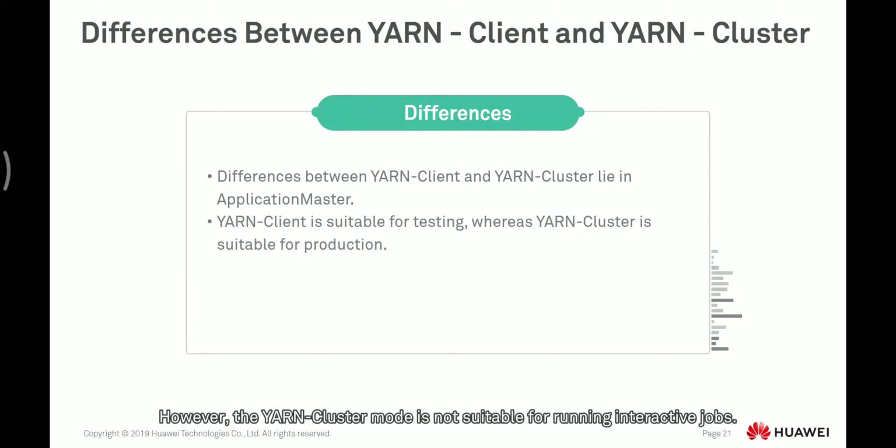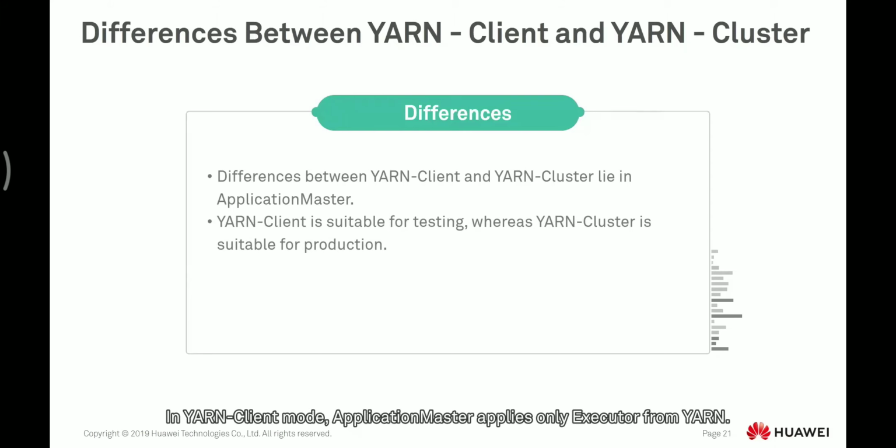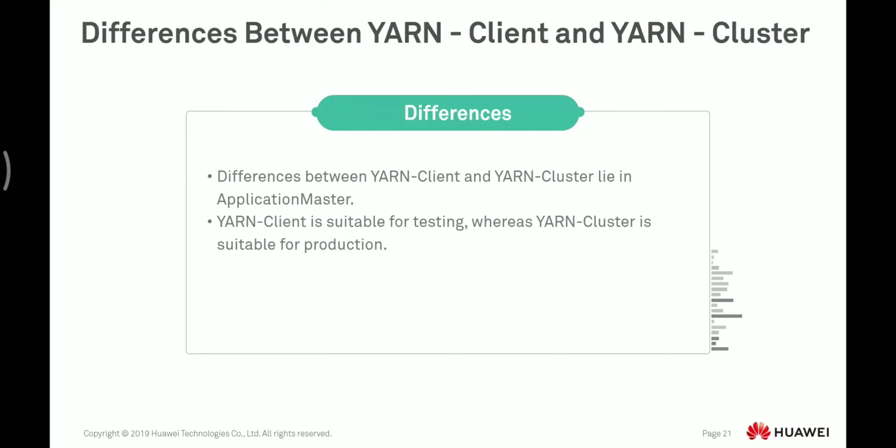However, the Yarn cluster mode is not suitable for running interactive jobs. In Yarn client mode, Application Master applies only for executors from Yarn. Client communicates with the obtained container to schedule tasks. Therefore, the client cannot be closed.